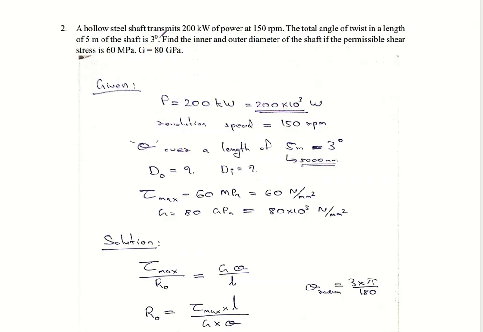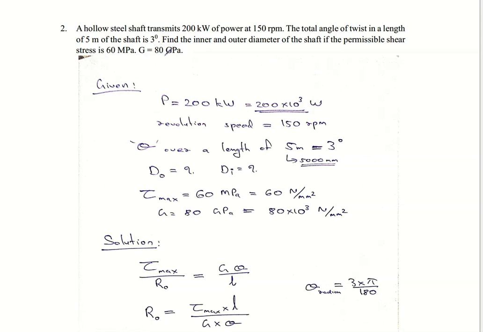A hollow steel shaft transmits 200 kilowatts of power at 150 rpm. Again, the power and rpm are given. Here it is a hollow steel shaft. The shaft is hollow, so the equation now changes. The first one was a solid shaft. The total angle of twist in a length of 5 meters of the shaft is 3 degrees.